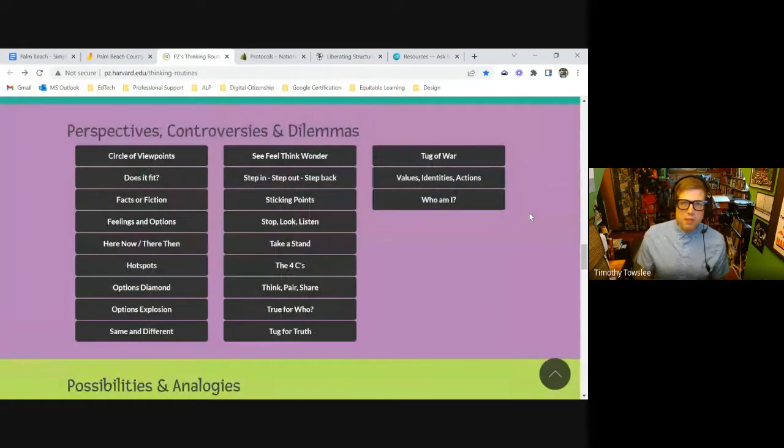Then we take those perspectives and we look at controversies and dilemmas. G.K. Chesterton is one of my favorite authors from a particular era, and he's interesting. He was an atheist who converted to Catholicism late in life. He also started writing mystery stories from the perspective of a Catholic priest to understand all kinds of philosophical ideas in the world.